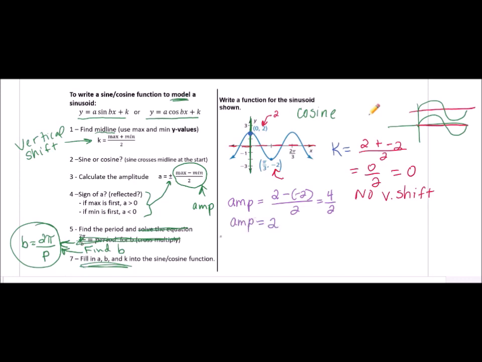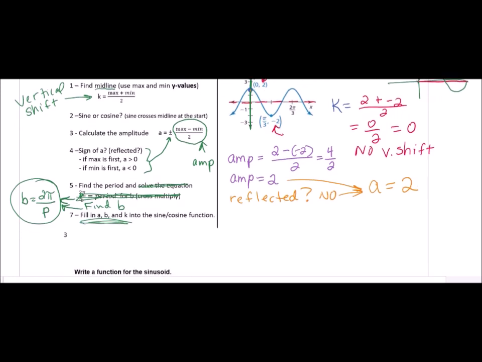Now I'm going to check to see if it's been reflected. Cosine starts at a maximum, and it looks like it's still starting at a maximum, so it's not reflected, which means A just equals 2. So K equals 0, A equals 2.